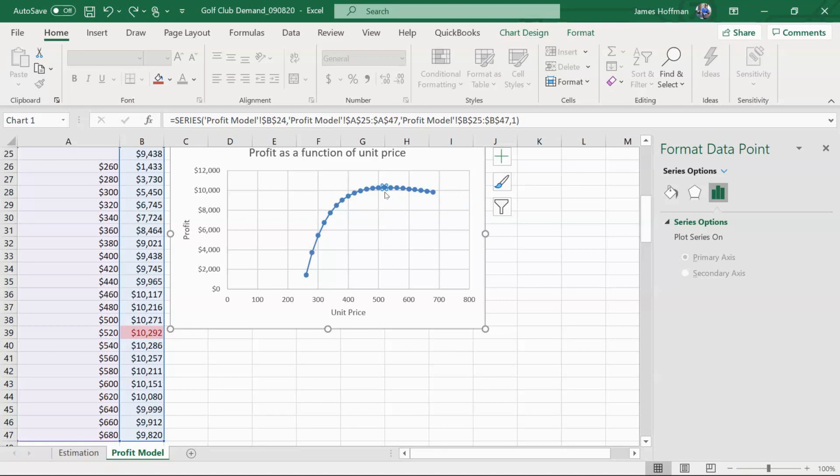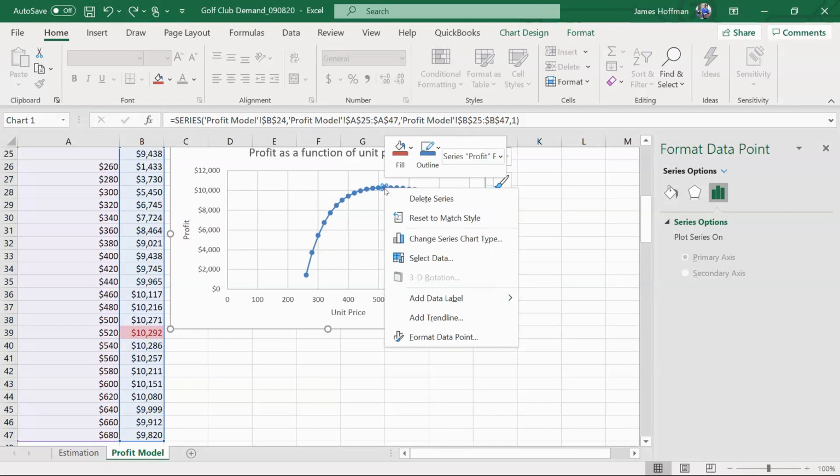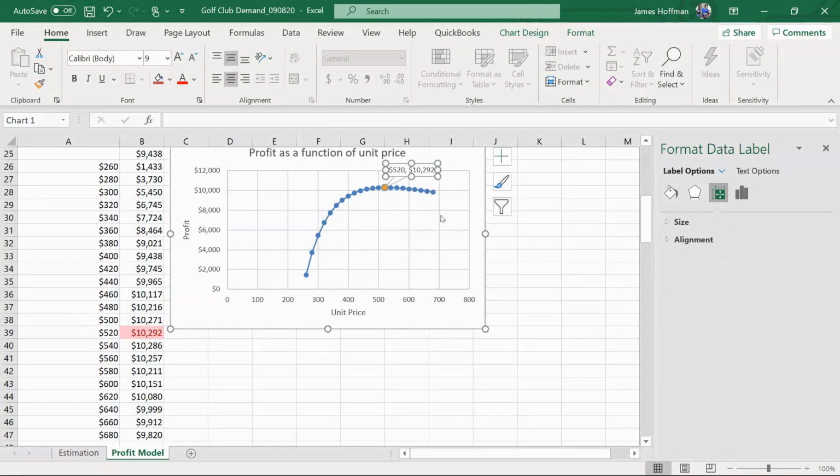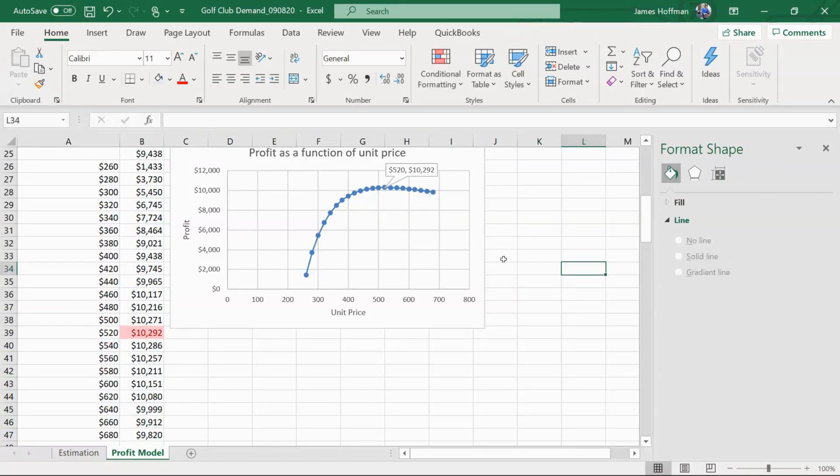It's kind of hard to get in the middle there, but if you can get the mouse to select only that one point you want, then go over that point and right click and go down to add data label, and the option you want is add data callout. And that should do it, and you can move it around so it's not blocking. There you go. So did that work?